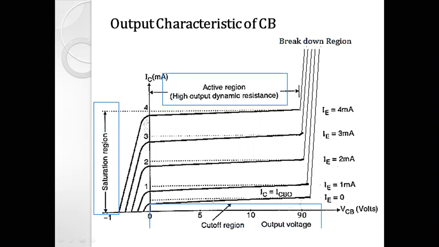So here you can see that the cutoff region corresponds to the area below the IC equal to ICBO curve, that is this one. This region is known as the cutoff region, right?